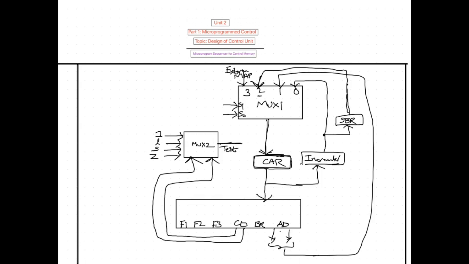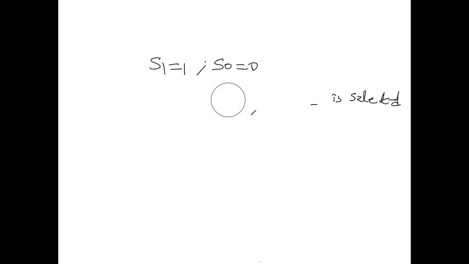Now we'll understand this MUX2. When CD bits are 0 0, it is always 1. What does it mean? Test is equal to 1.